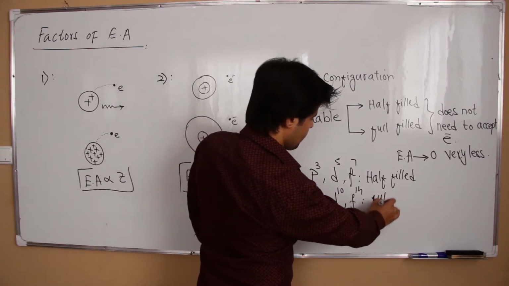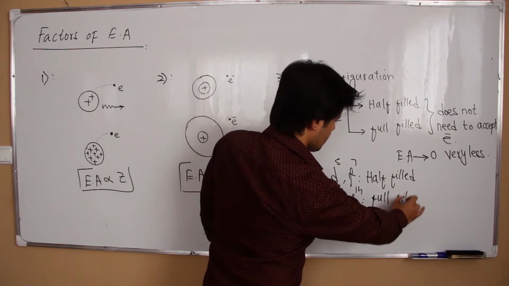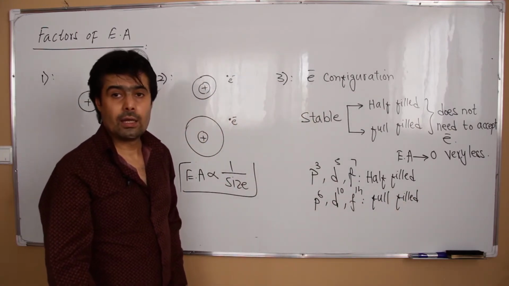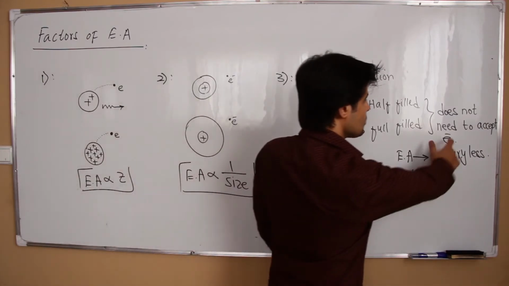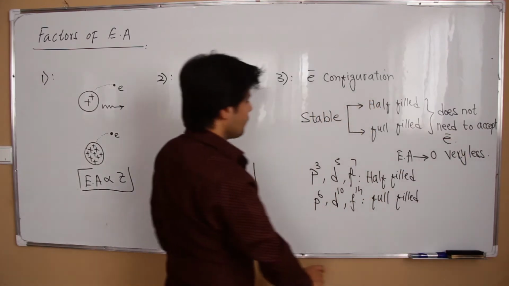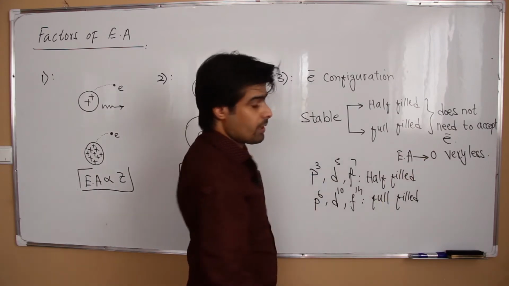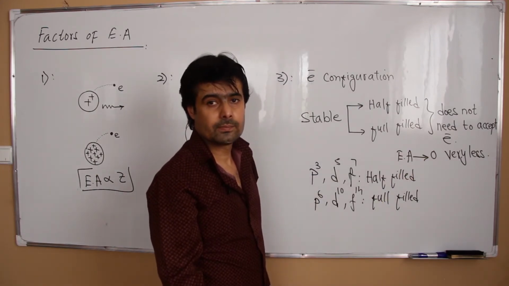This is full-fill. In half-fill and full-fill, the atom does not need to accept an electron. So electron affinity approaches 0 or is very small.